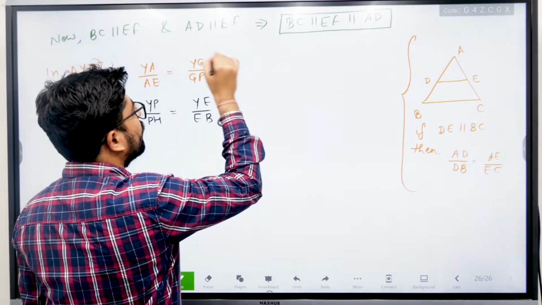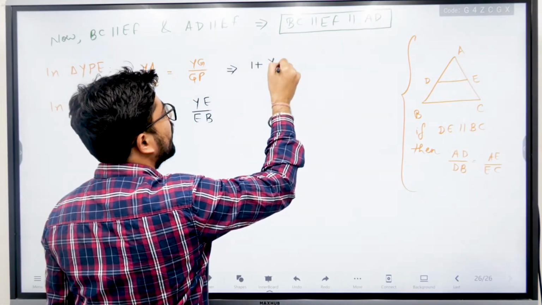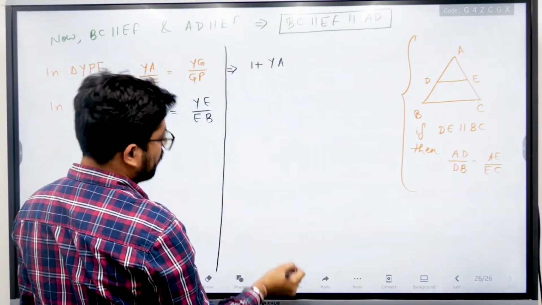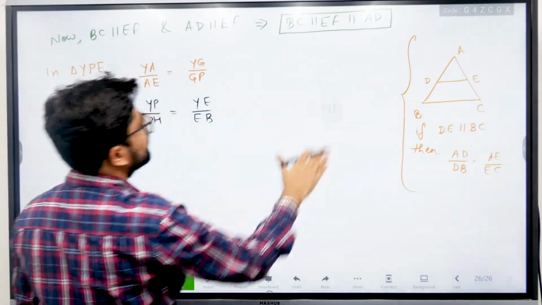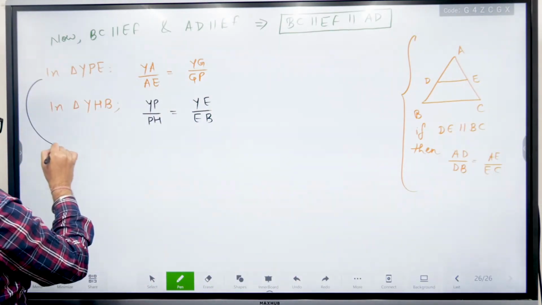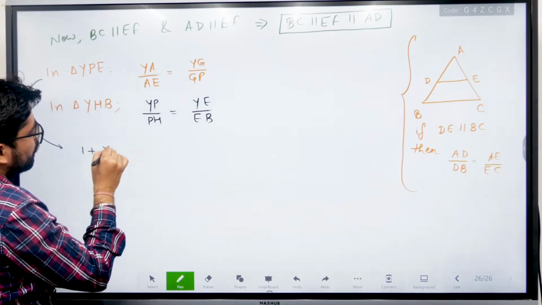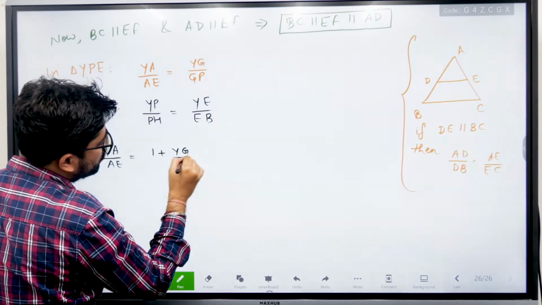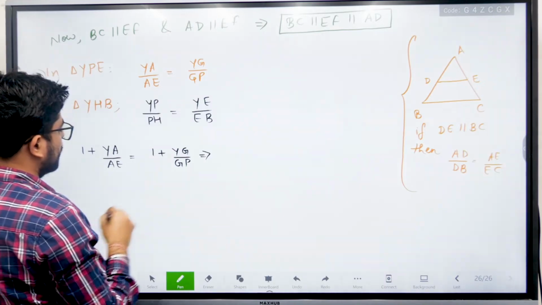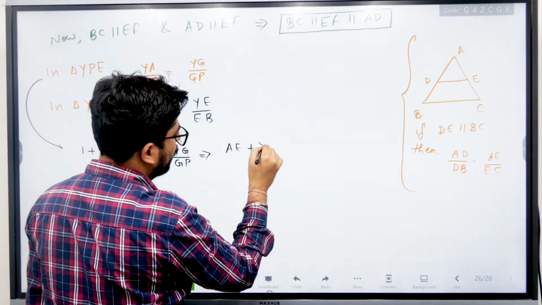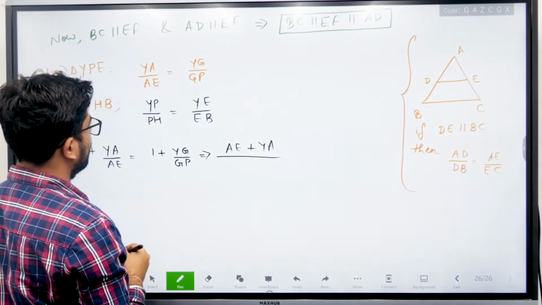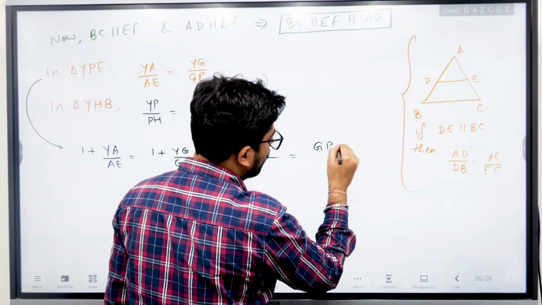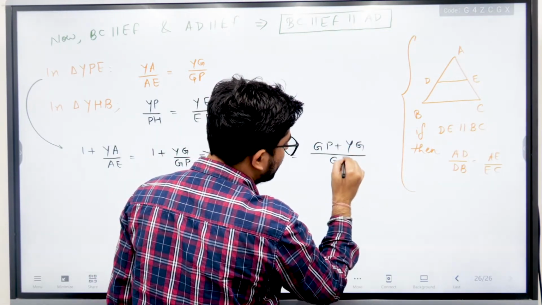Now here, if you add 1 on both sides, for this one, 1 plus YA upon AE is equal to 1 plus YG upon GP. So from here, AE plus YA upon AE is equal to GP plus YG upon GP.